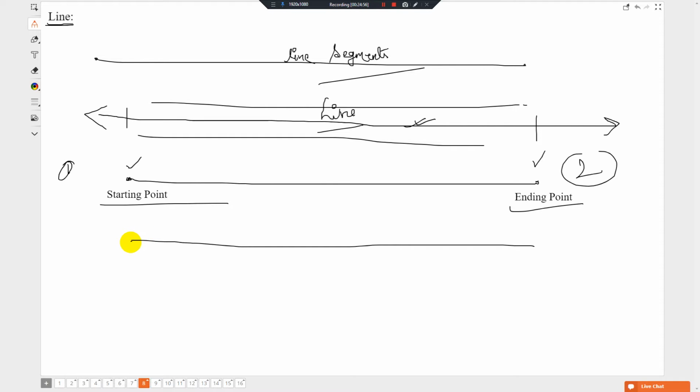The first tiny dot is the starting point. If you don't put the dot also, it's correct. Okay, now for line segments, see this. What is the difference between line segments and line?